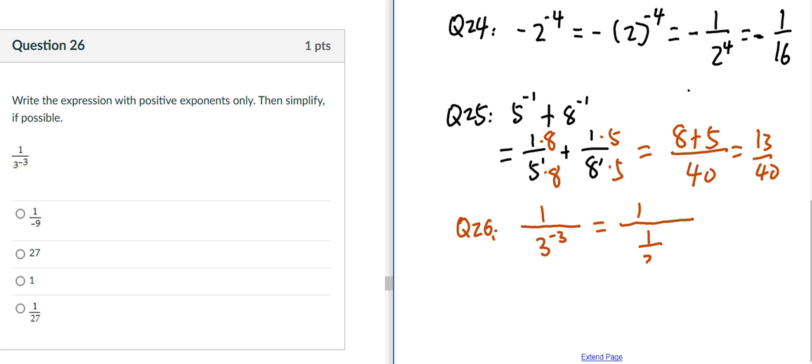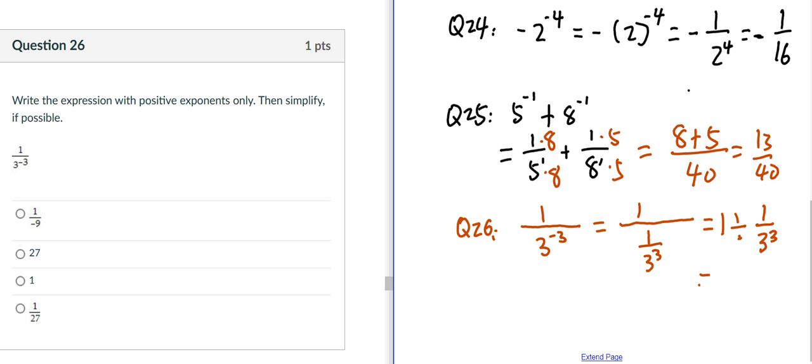Now the main fractional bar is 1 divided by 1 over 3 cubed.